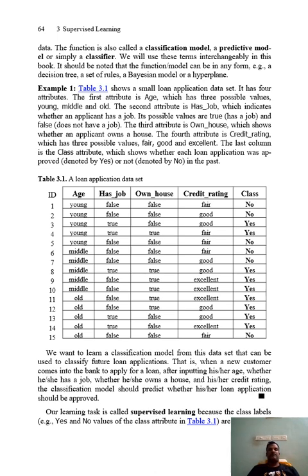This is a small example where you can find the original input data and the target data. The class corresponds to the target data here, and the original input is nothing but the age, the job, the own house status, the credit rating, everything. Depending upon the number of input rows you have, that many elements will be there in your data.